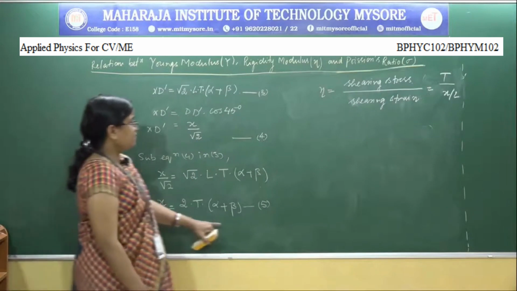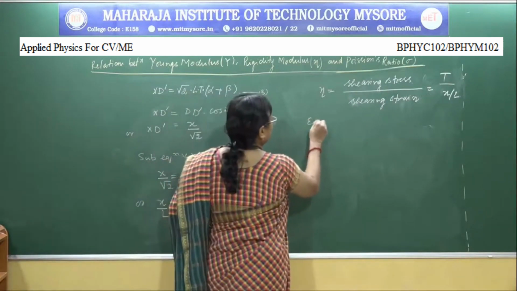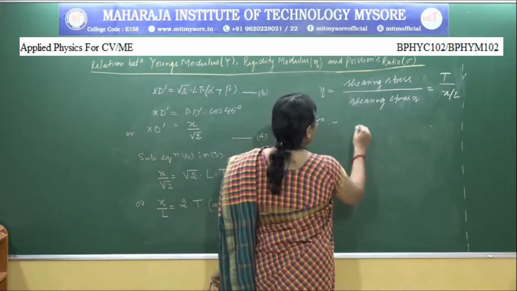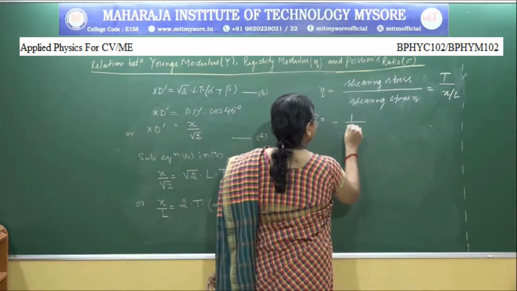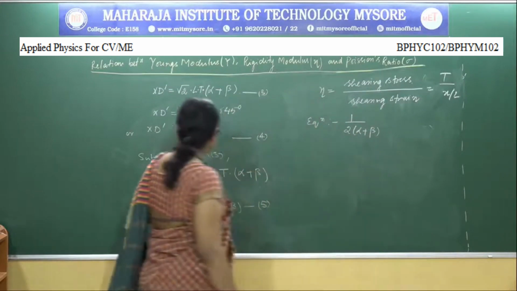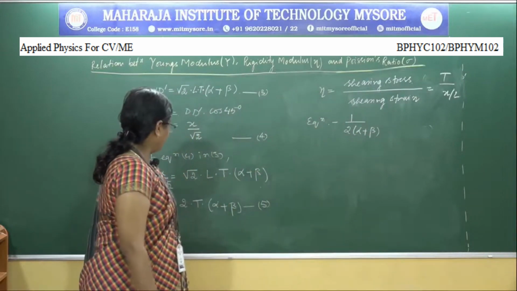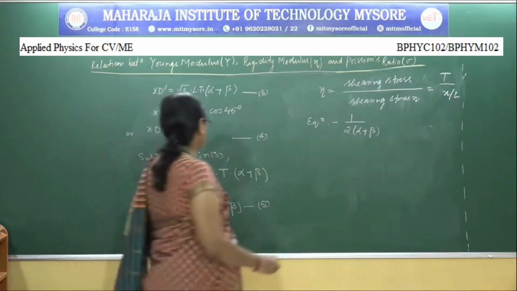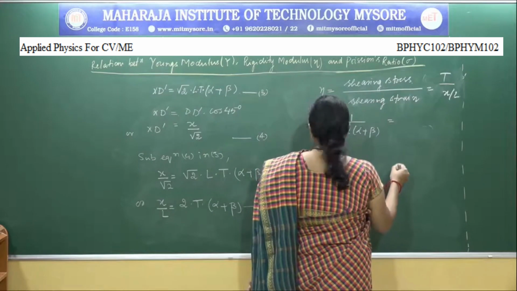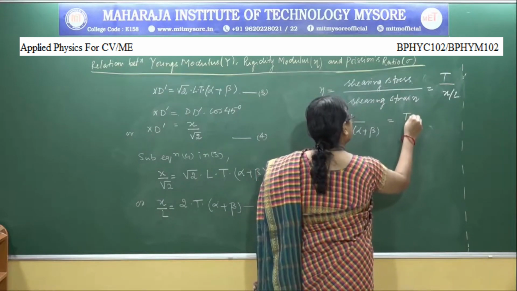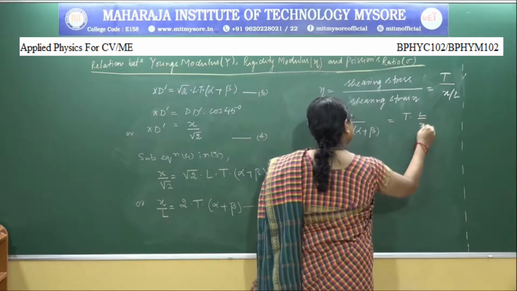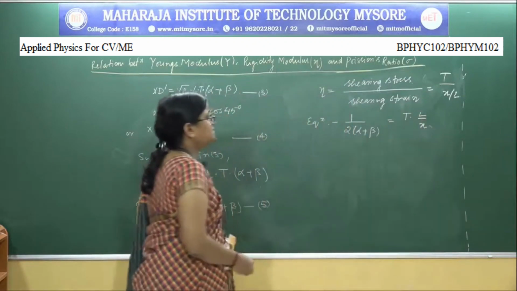So this equation 5 we can rearrange as 1 by 2 alpha plus beta, taking it to the denominator, and this to the other side, equal to T into L divided by x.